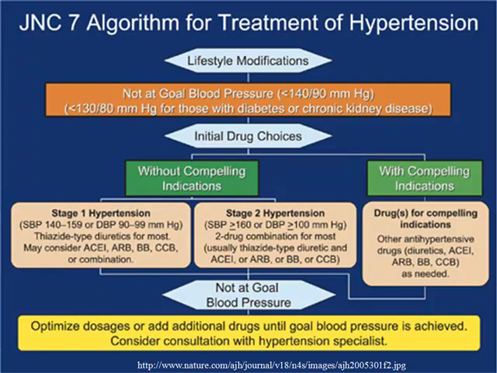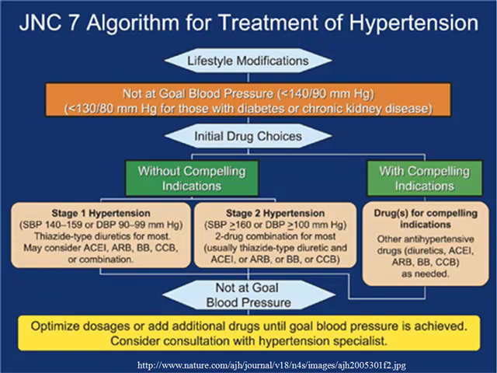So here's the algorithm for treatment. For everybody who is not in a normal blood pressure range, that is less than 120/80, we want to include lifestyle modifications. So what are those? Quitting smoking, sodium restriction, exercise, lose weight, all of those things can help reduce blood pressure.